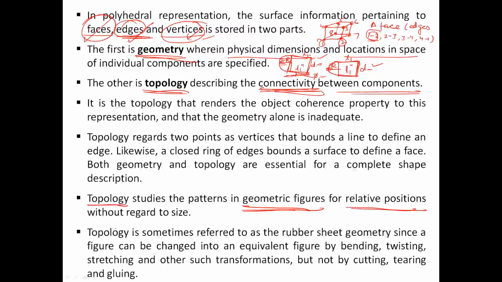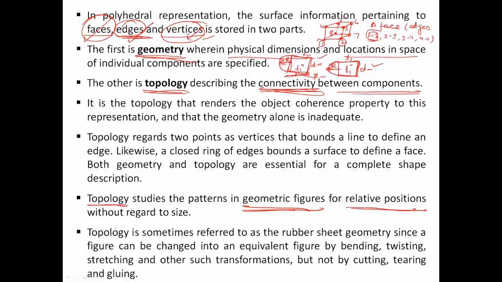Okay? Surface area and volume are the invariants of dimensions. Yes, sir. Okay? So when you talk of geometry, you are only talking about the physical dimensions or the physical unit of that object with respect to its measurement. Whereas topology is the relative position of those geometrical entities and their values.